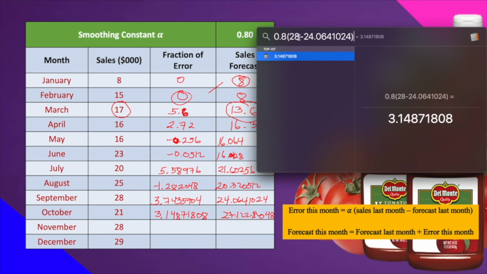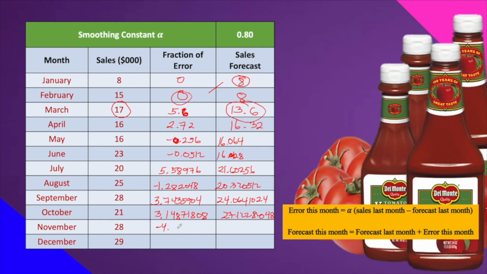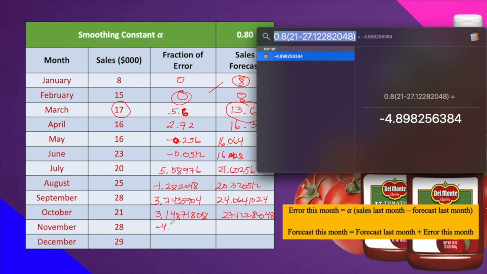yung sales last month is 21, minus natin yung 27.12282. Tama ba ito yan? Sorry sa sulat, no? Okay, so we have negative 4.898.